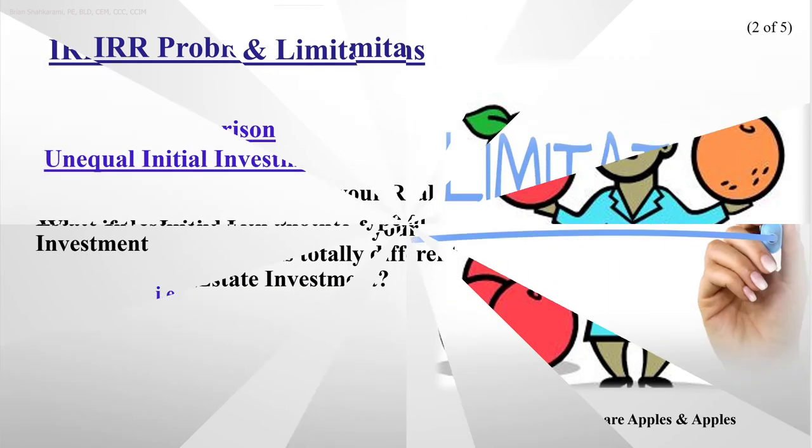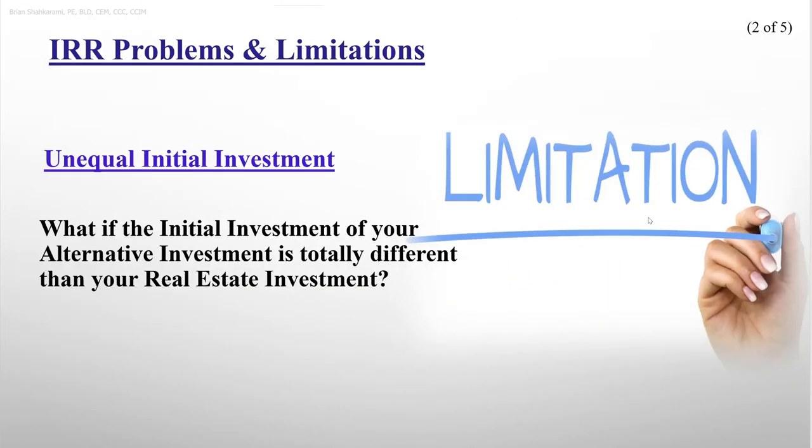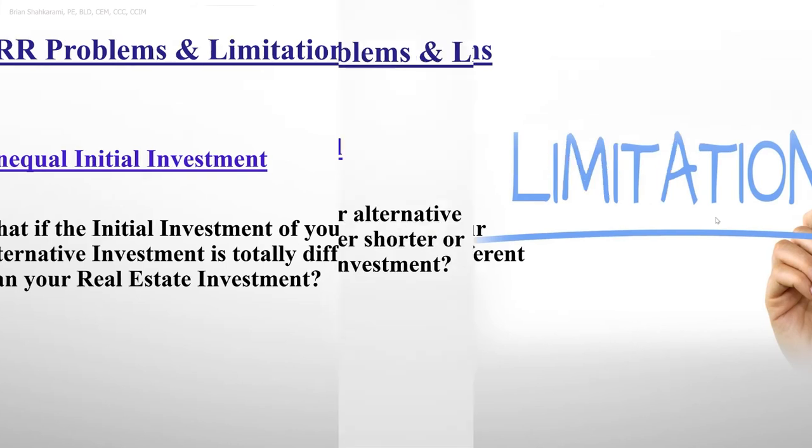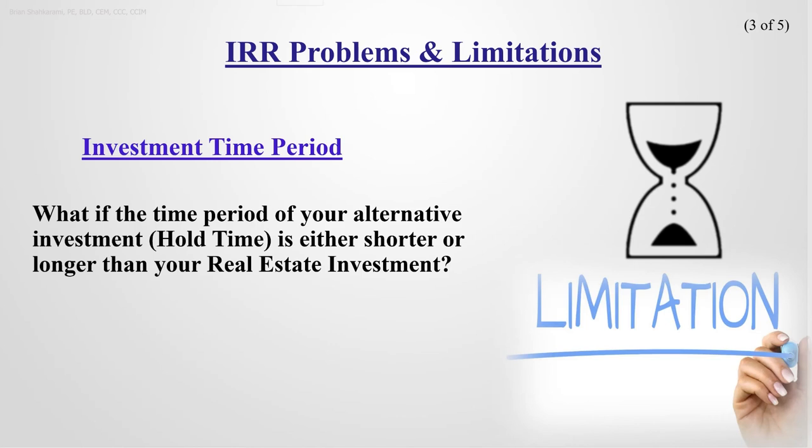They're different. If you have different size investments requiring different initial capitalization, then the IRR is not your proper method of decision making. If you have different holding periods for different investments, then the IRR is not the best method to use for your investment decision making.